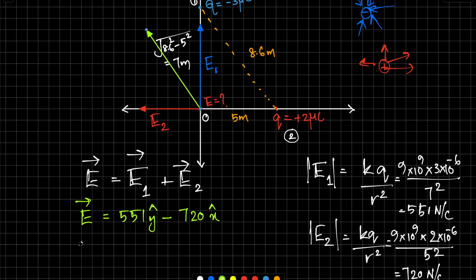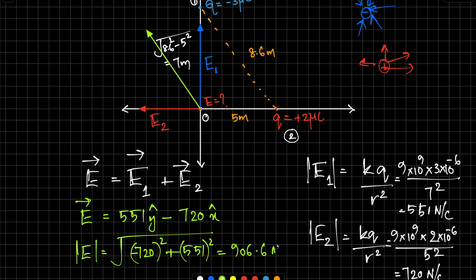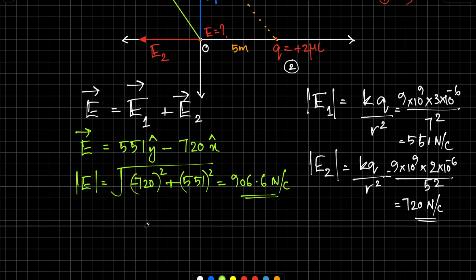How do you find the magnitude of this vector? E equals square root of x square plus y square. So minus 720 the whole square plus 551 the whole square. That is 906.6 Newton per Coulomb. That is the magnitude of the electric field.